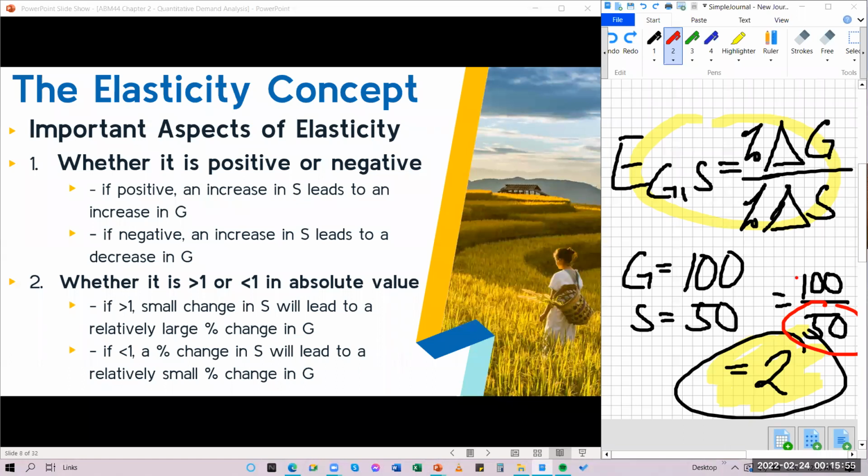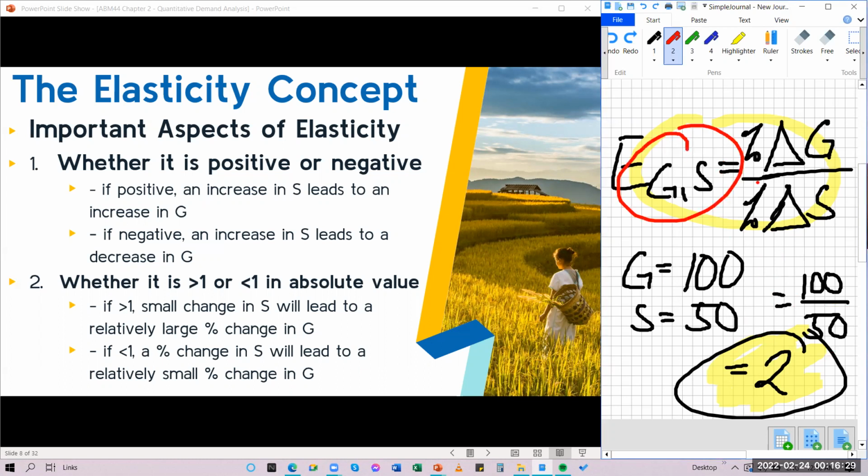Okay, so let's continue. Again, as I said earlier, a relatively small change in your studying would lead to a bigger or greater change in your grades. So that is the interpretation of our earlier example on your grades.